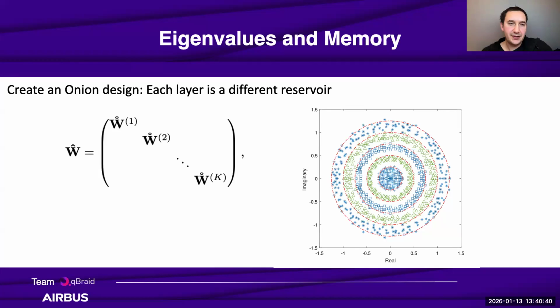What this does is it possibly makes training easier, but it certainly increases the explainability of what your reservoir is doing. So you can see at different points in the time series you're trying to predict what the expected outcome should be.